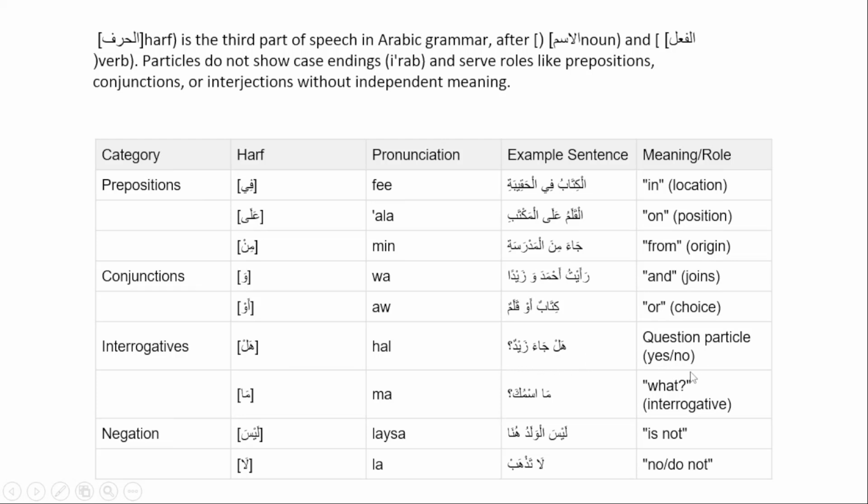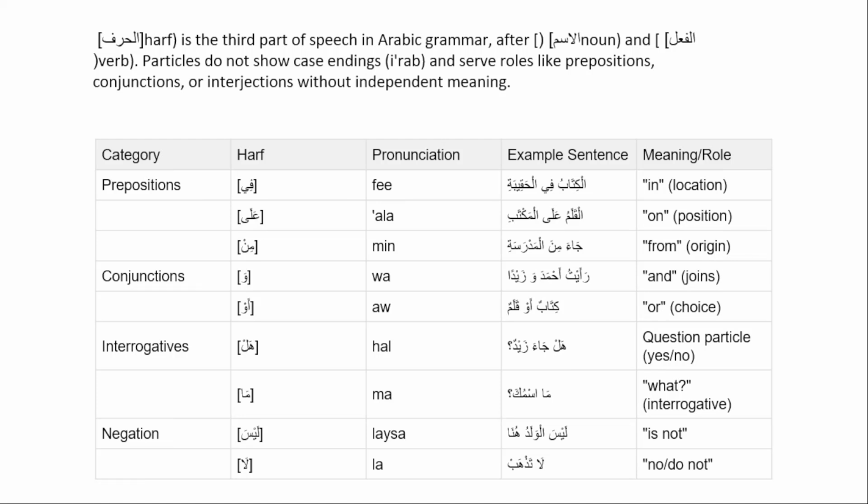It's like a question particle, like we use hal in is this a book, something along that line. So the sentence here is hal ja'a Zaidun. Did Zaid come back? So ja'a means to come back.